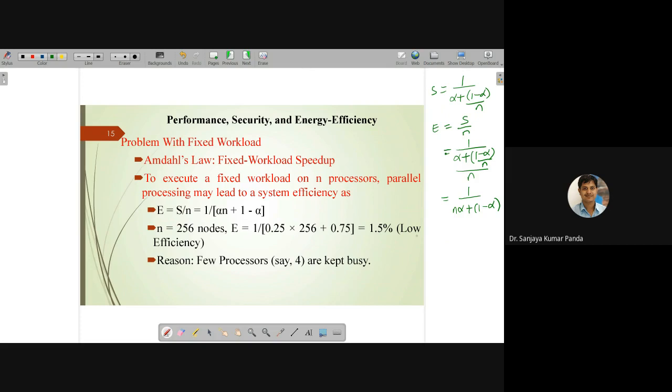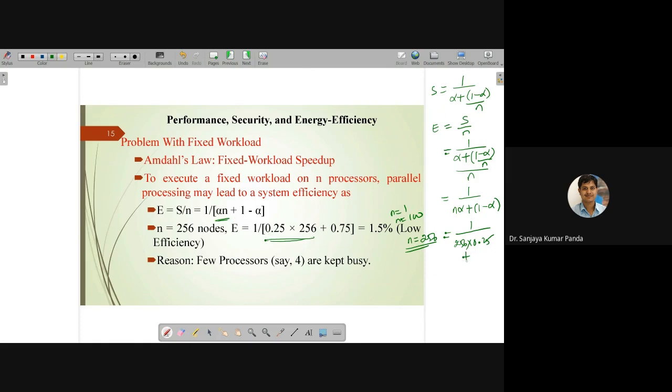Now, if I consider the number of nodes as 256, in the earlier example you had taken N equal to 100. So it is 1 by, number of nodes 256 multiplied by alpha 0.25, plus 1 minus alpha, 0.75.